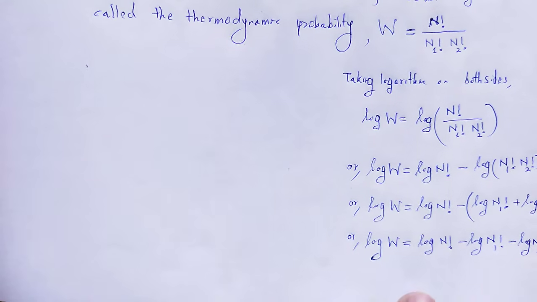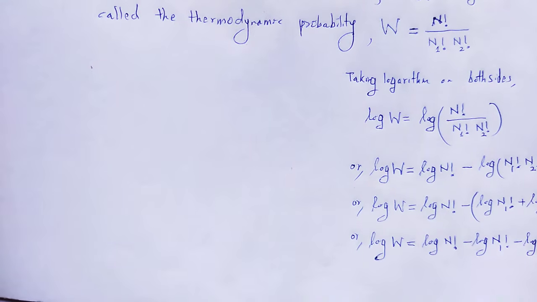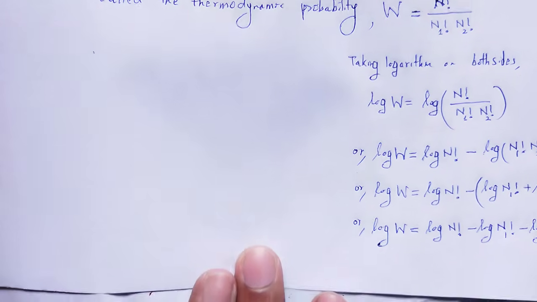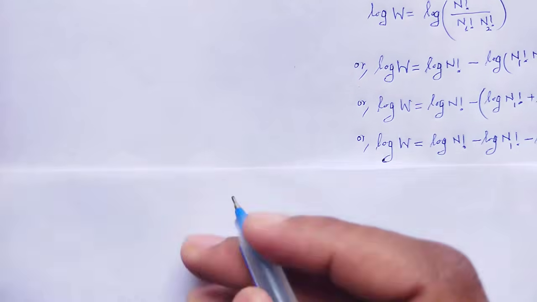Logarithmic factorials can easily be solved by using Stirling's approximation. We can use Stirling's approximation here.